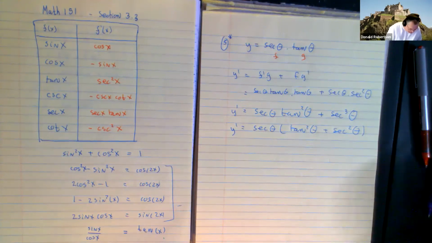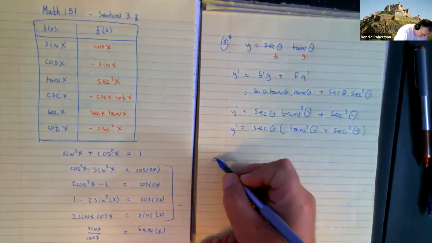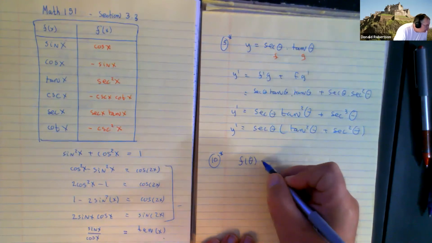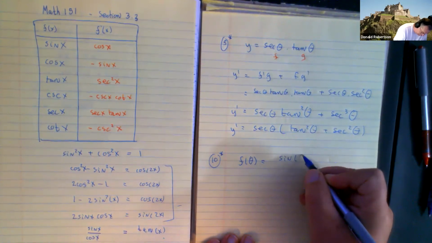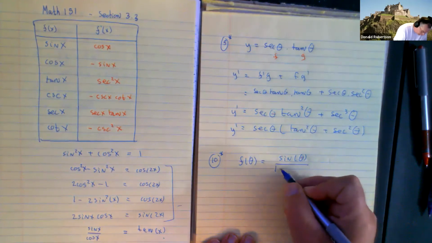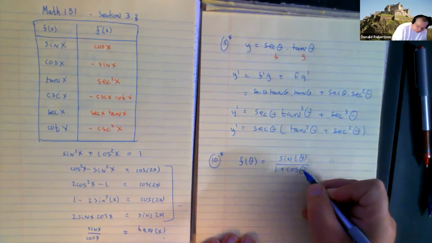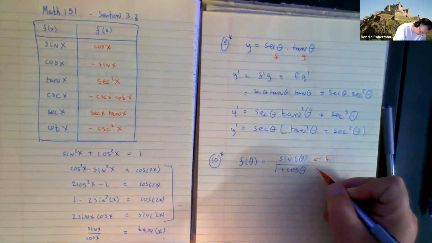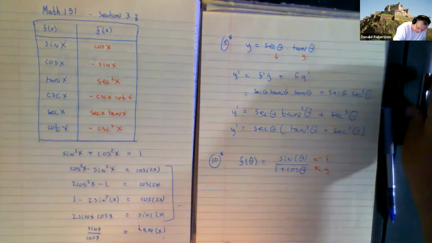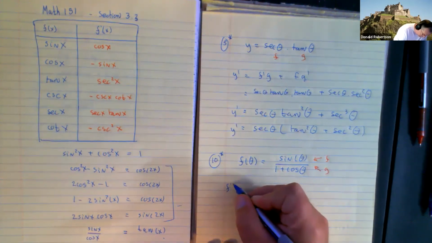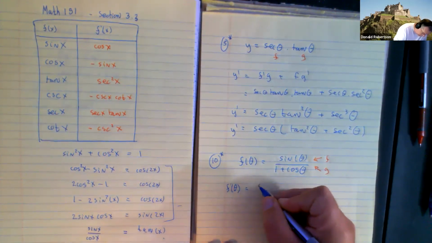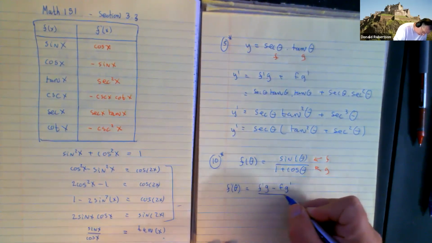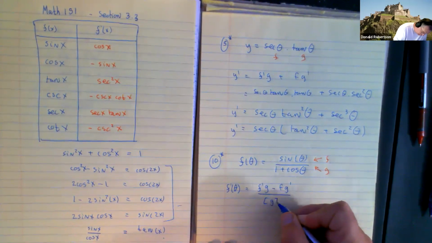Let's see, do a version of question 10. f of theta is the sine of theta over 1 plus cosine of theta. Definitely a quotient, no? It's going to be f dash g, take away f g dashed, all over g squared.